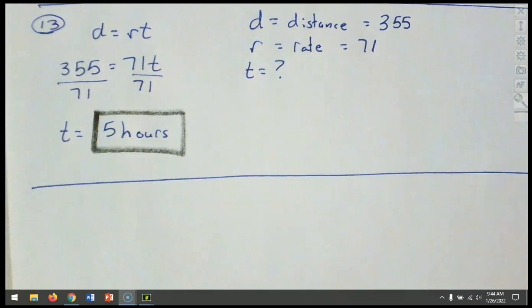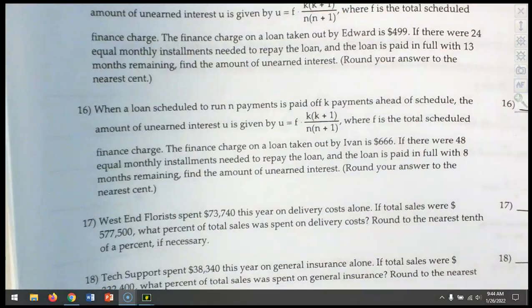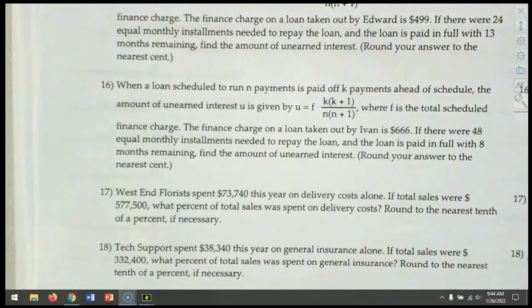17 is next. Okay, and 17 is a percent problem. And what we're going to try to figure out in this case is what percentage of our sales were spent on delivery costs.